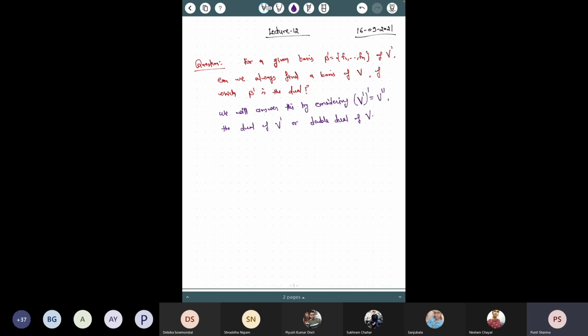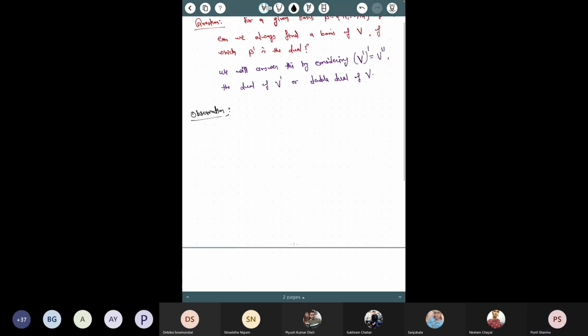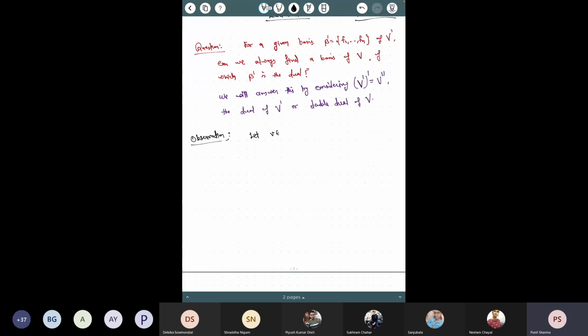So before we proceed further, let us make this observation. Basically what we are trying to do, see, we are given a basis of the dual space, and we want to find a basis of v such that b dash is the dual of v.